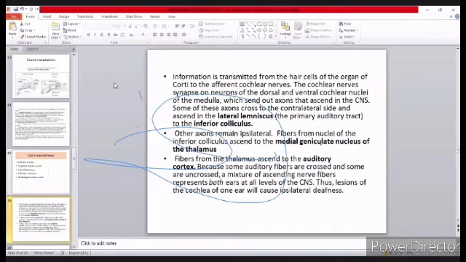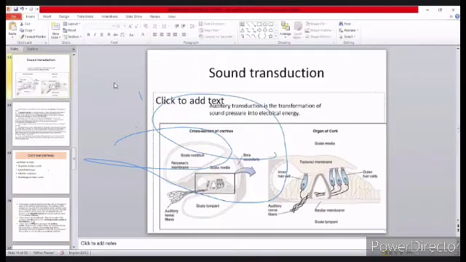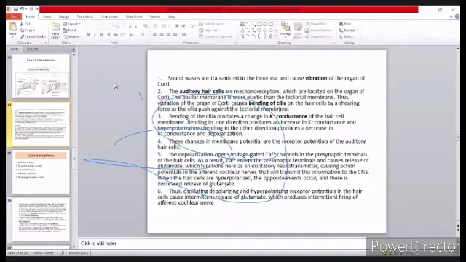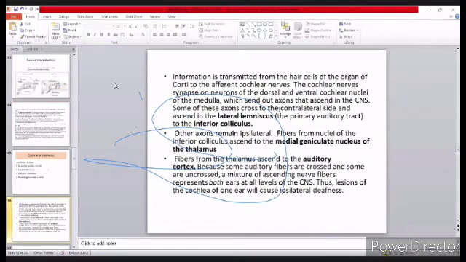As I'm speaking from the left side, some of these nerve fibers, as they go to the central nervous system, will go to the opposite side. If they're coming from the left, some will cross over to the right side. That's what they mean. So we have the ones that cross and the ones that don't.